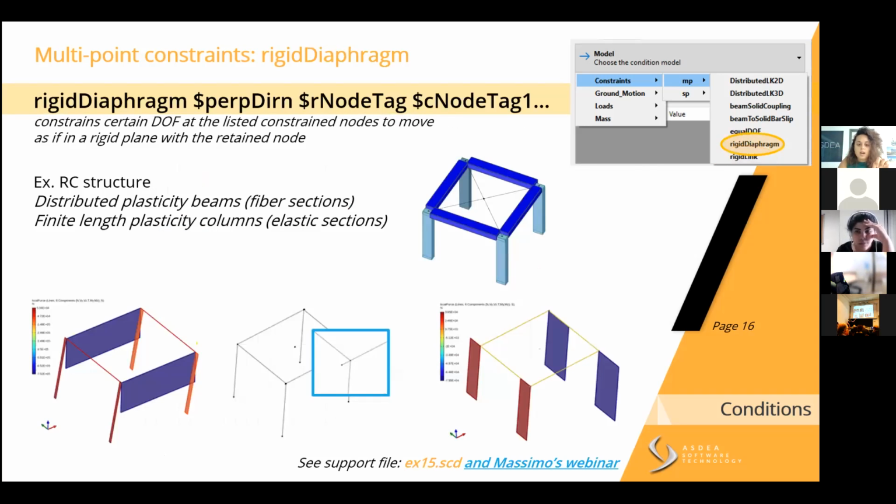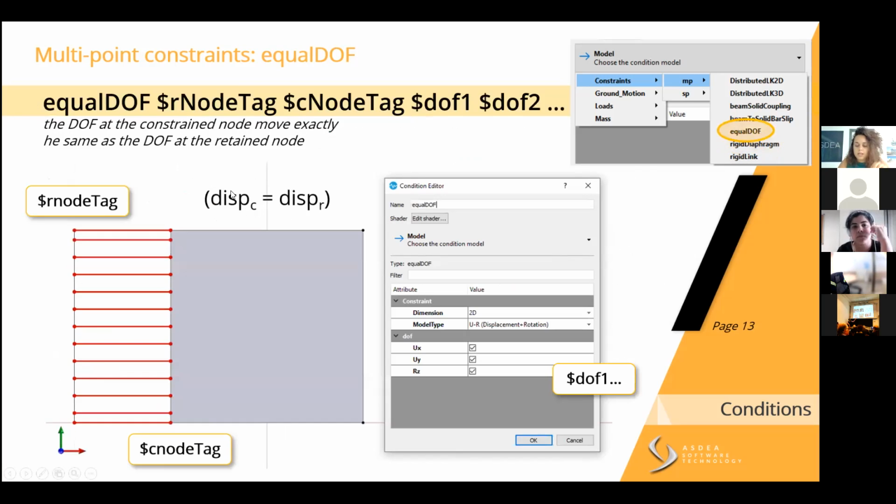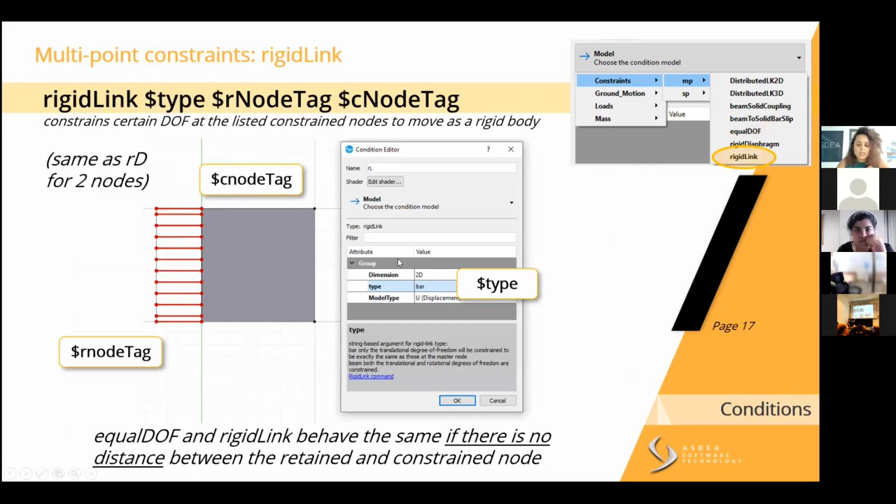Because in this case, we're adding the rotation coupling, while in the equalDOF, displacement and rotation are uncoupled. So just remember, if you use a rigidLink with one of the 2 types, bar or beam, translational and rotational, the only difference is in the rotational degrees of freedom.